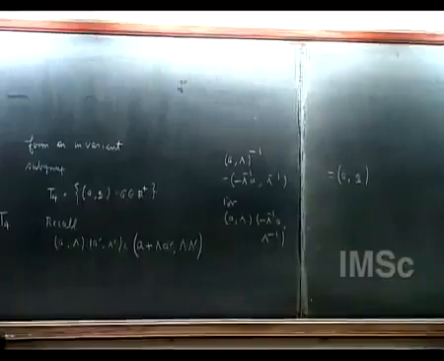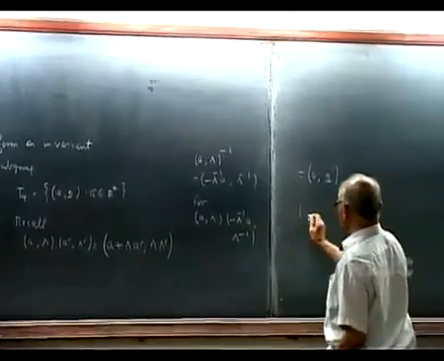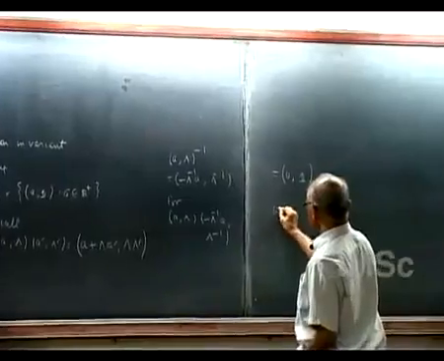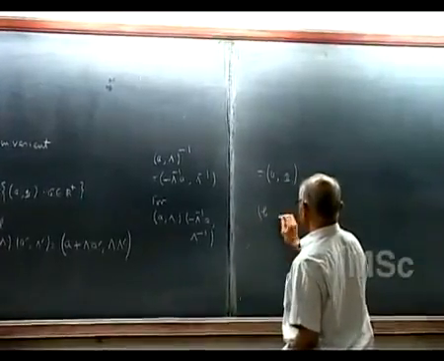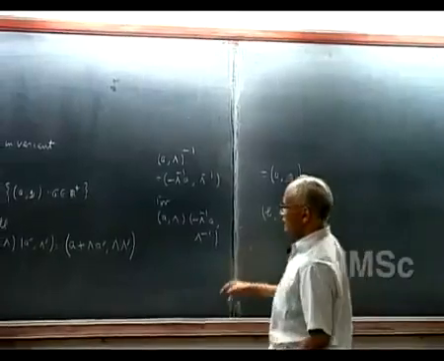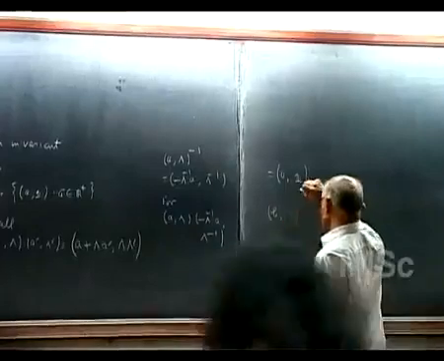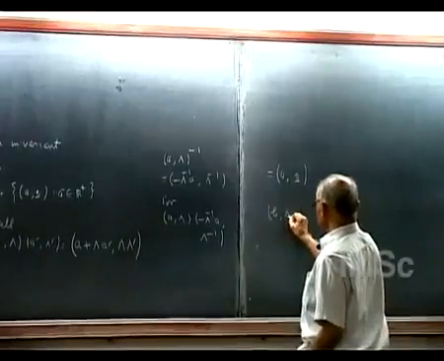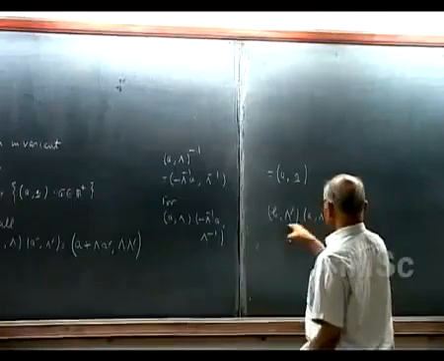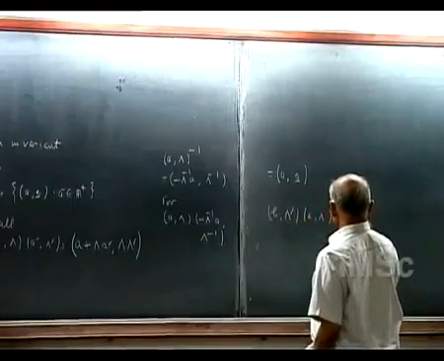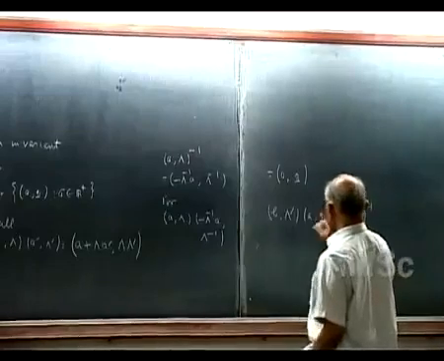Now, we want to check what happens if I take, well, (b, lambda prime) (a, 1) and the inverse of this, (b, lambda prime) inverse.